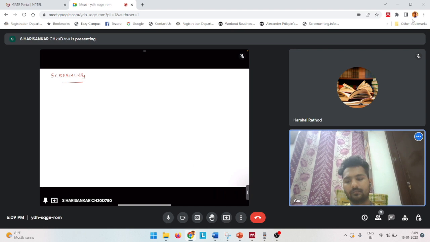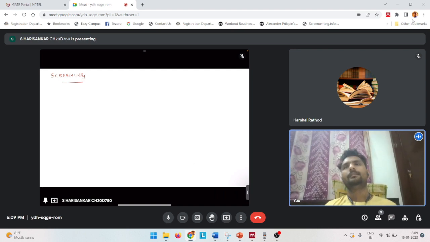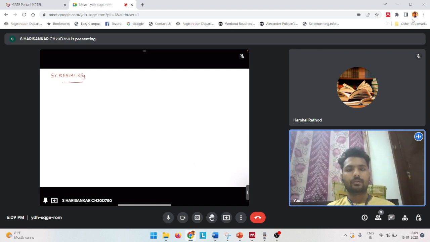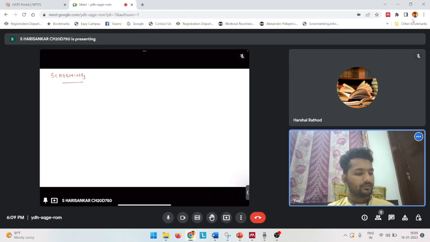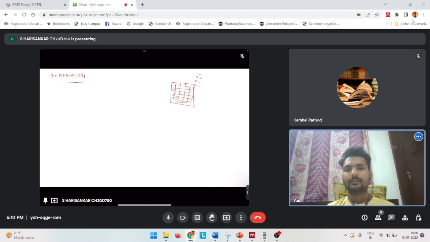So screening, as I mentioned, you must have seen it in your households, or even one of the best examples that I can remember is the screening of sand at construction places. They'll have a screen with very small openings, and they'll pour sand on top of this, to make sure all the sand is properly sieved, and the coarse particles or stones or the clumps are separated from the sand for construction.